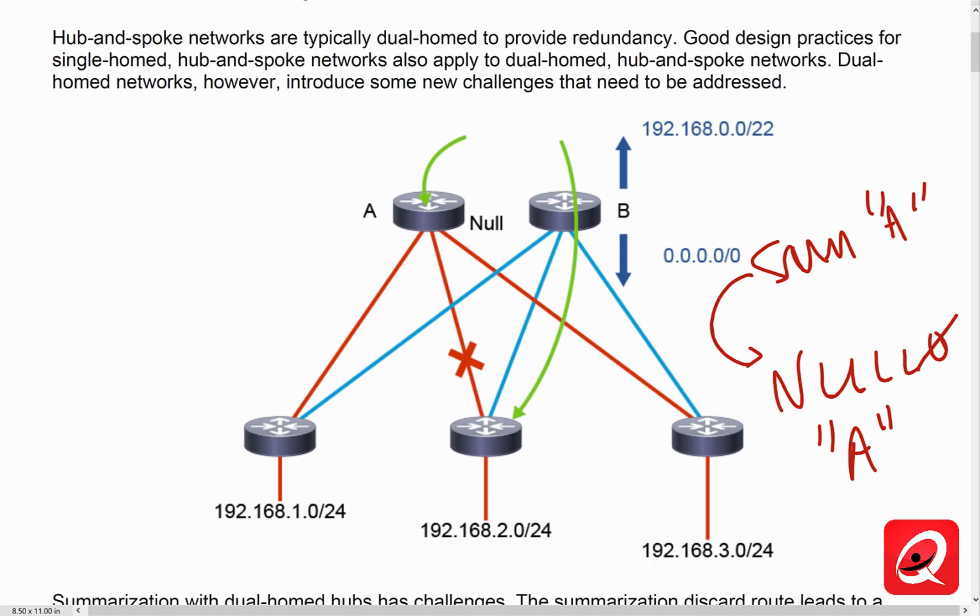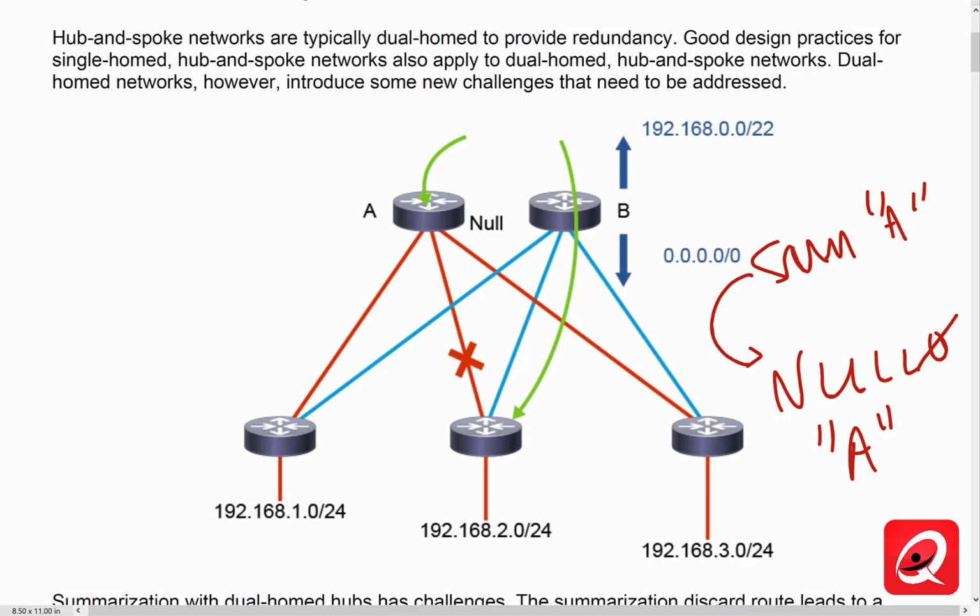The discard route always has a lower administrative distance than the other routes because they're technically considered connected routes. Even though they're not actually connected, they're being generated based on the summarization process, so they have a lower administrative distance. So when we're summarizing spoke networks towards the core from the hub routers, both hub routers advertise the prefix as a summary.